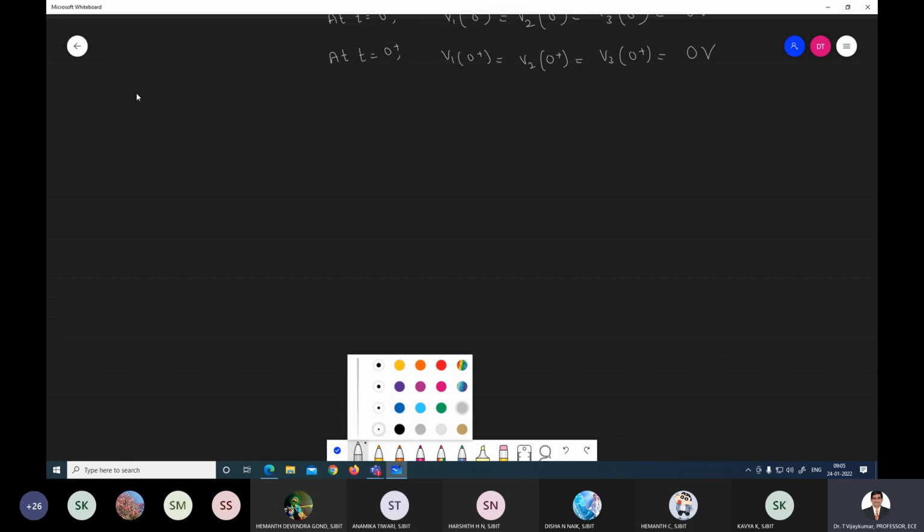In the circuit of figure shown, switch K is opened at t is equal to 0.